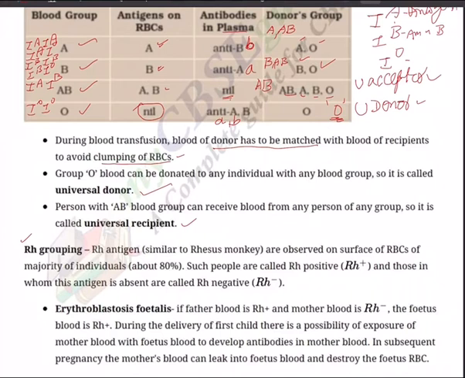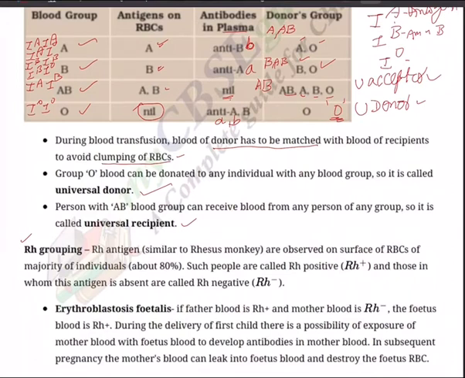In the first pregnancy, the blood of the mother and the blood of the fetus are well separated by the placenta. However, during the delivery of the first child, there is a possibility of exposure of maternal blood to small amounts of Rh positive blood from the fetus.